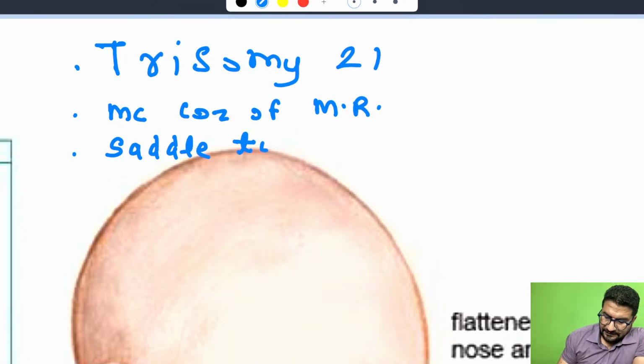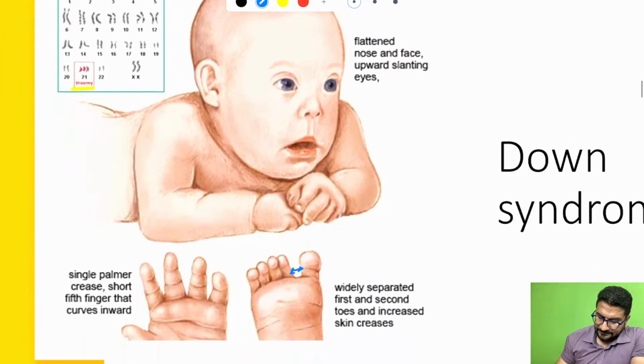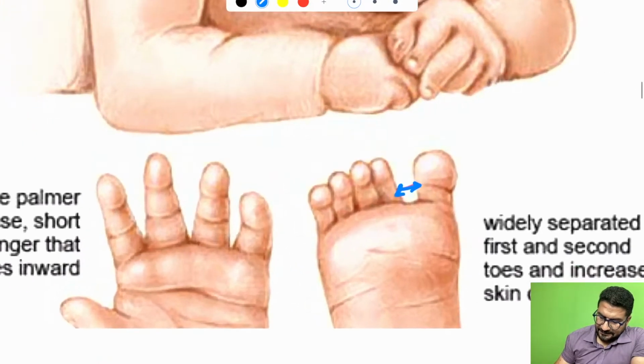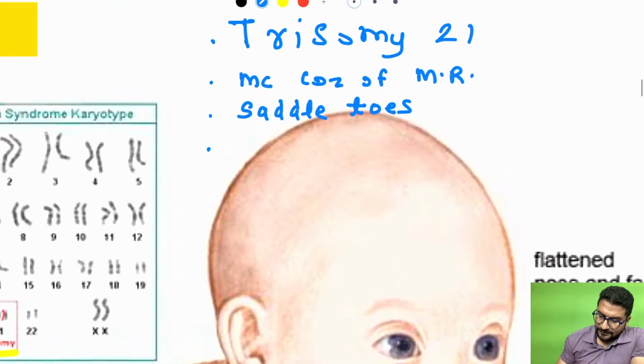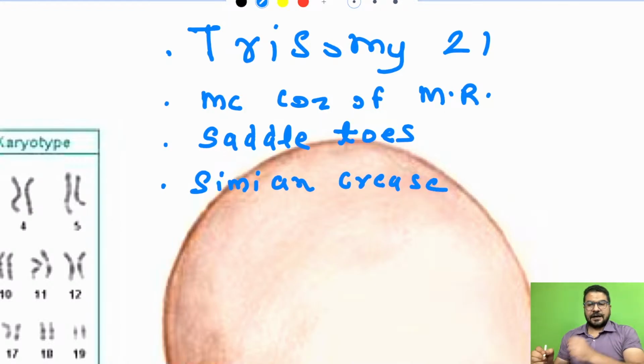Then next thing you will notice, there is a single line in the hand. This single palmar line is called simian crease. Single palmar line, we call this simian crease.